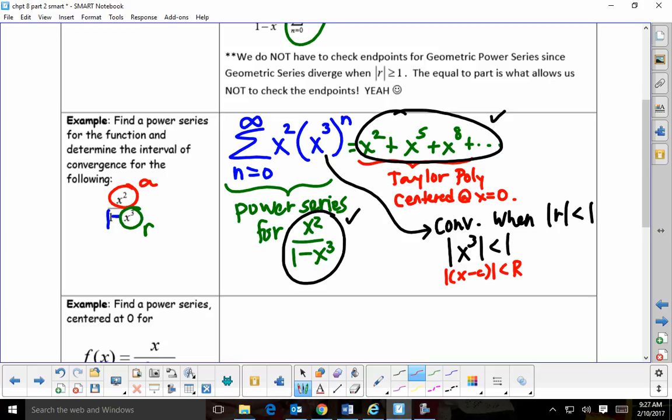So what's bad here? Still, the cubed. So let's get our cube to go away by taking the cube root. Oh, but the cube root of 1 is still just 1, okay? So I know that that would be, and again, why do we not have to check endpoints? It's geometric. The endpoints would be in the divergence part.